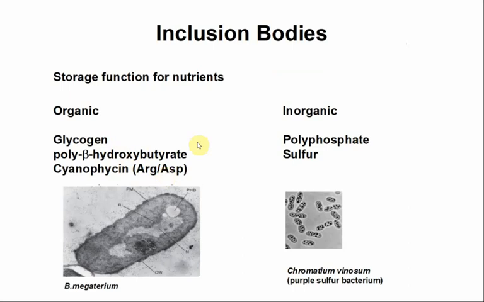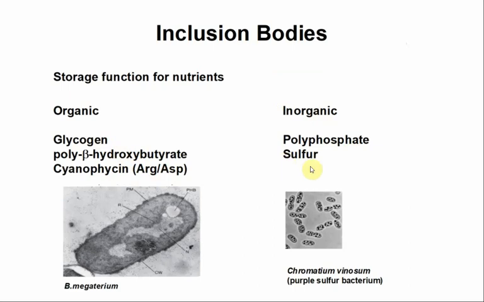Now, inorganic inclusion bodies can be polyphosphate, so phosphorus, it's essential for bacterial growth, and it can often be the limiting factor. So if bacteria are growing in conditions of abundant phosphorus, then they can take up more than they need and store it in a polyphosphate granule, because a bit later on they might find out that all the phosphate's gone and they'll still have a stock to carry on growing.